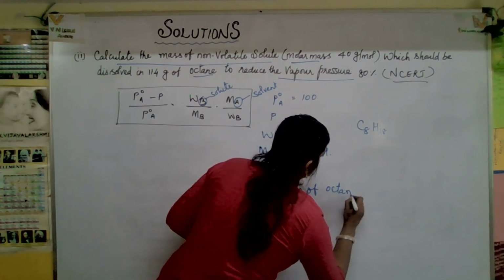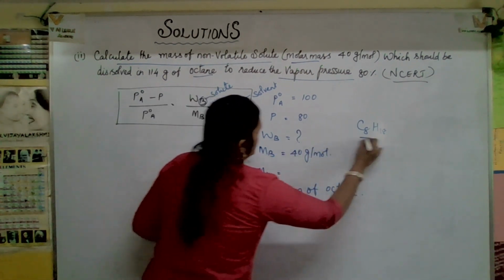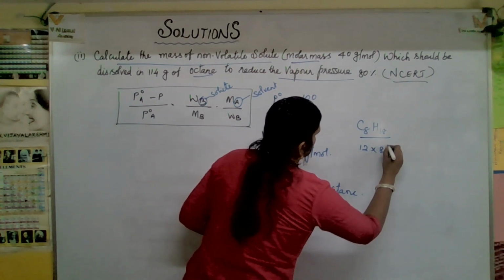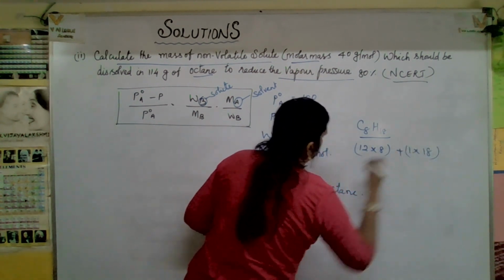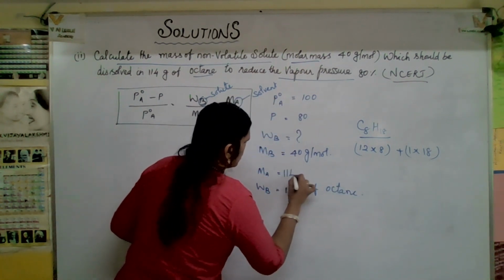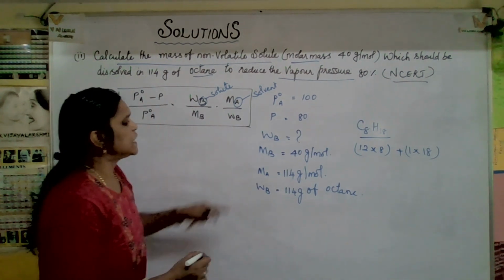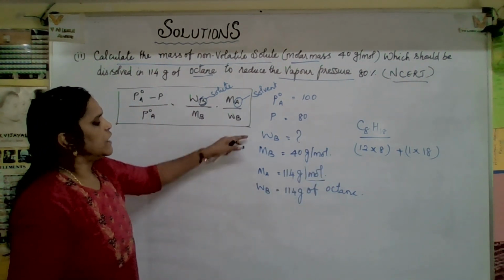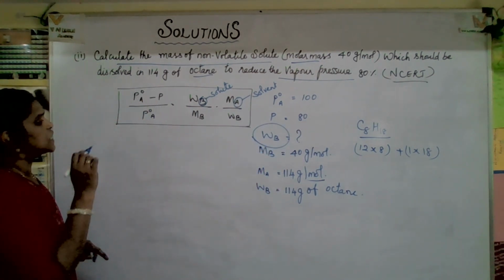Now the molar mass of that octane: carbon 12 into 8 plus 1 into 18. Altogether it is 114 gram per mole. See, molar mass means you have to put that unit, that's very important. Now you have to find out the given mass of the solute.